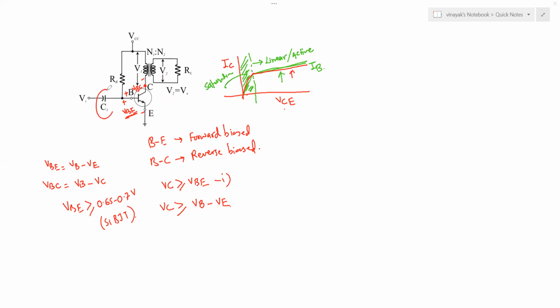Now, the capacitor's role is to couple the AC input signal to the base pin of the transistor and block the DC component present in the input signal. So that is how this circuit will work as a Class A amplifier with transformer coupled circuit.